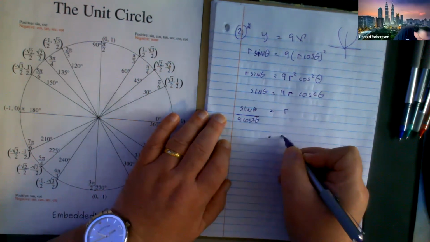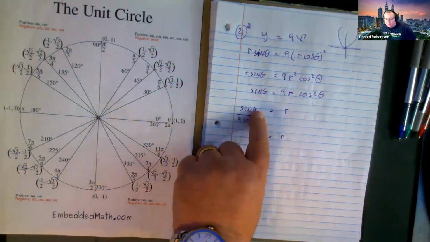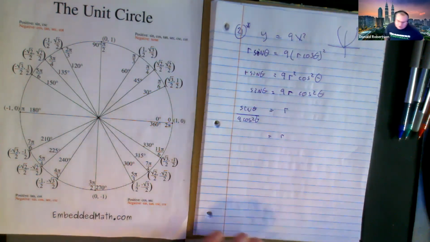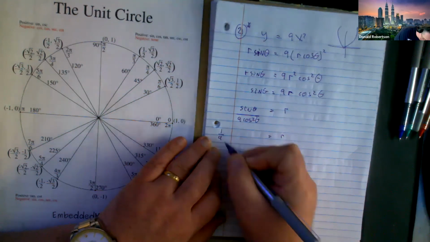And as nice as that answer is, it's not quite the prettiest it can be, because we do not like fractions in polar. So I'm going to try and figure out a better way to write this so it's not a fraction. So I'm going to take that 9 and just call it a 9th.